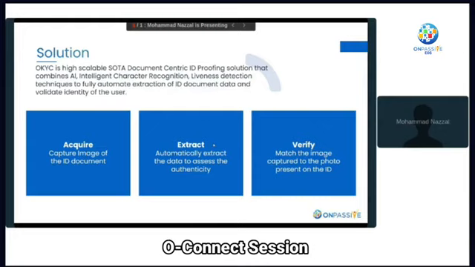Okay. So OKYC is a highly scalable system, and it's 1, 2, 3. Like I said before, we don't want to complicate it. So we will make that available in your ecosystem, and it will be one centralized process instead of having it everywhere. OKYC is a highly scalable SOTA, which is an abbreviation for state of the art, I believe, document-centric ID proofing.